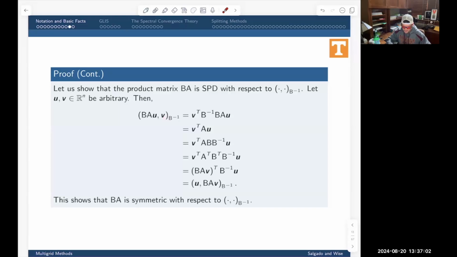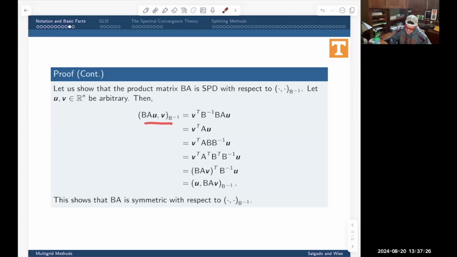What we want to show, through some manipulations, is that I'm eventually going to end up with a BA popping up over here. If the BA suddenly pops up over here with the U and V in those locations, then I know it's going to be symmetric with respect to that inner product.